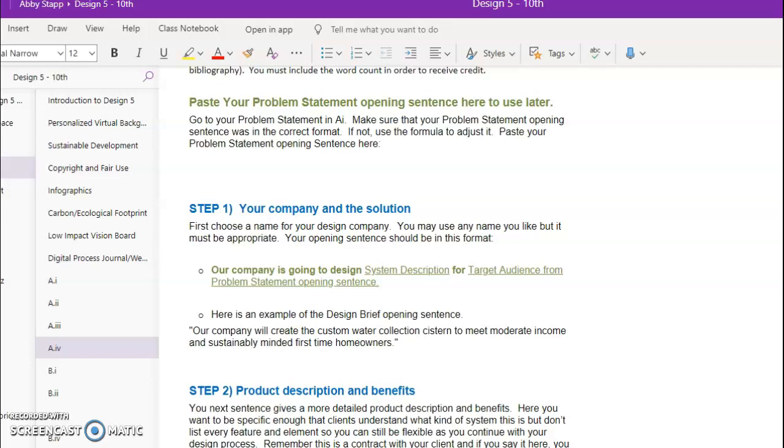If you can't remember, reflect back where we cut and pasted it above. If you had problems with that problem statement formula, I have reflected on that in your feedback from A1, and you can go and correct it now. That's so you're ready to use that really nice problem statement using the formula I gave you for your summative.